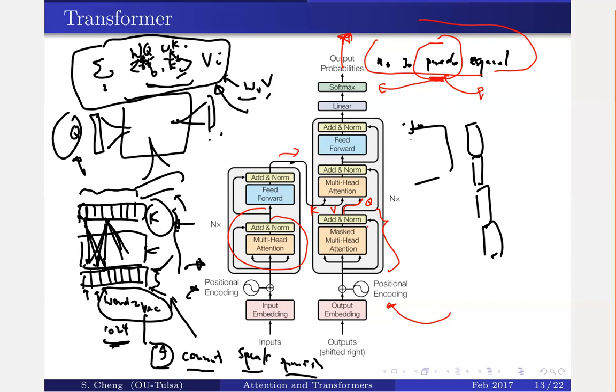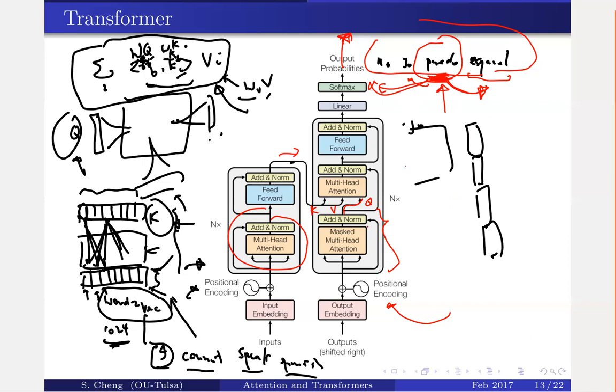So what I mean is I'm at the current word here, but I cannot look ahead to the words in the future. I don't know that the future is Español. So I cannot attend to the words after it. Therefore, I have this masked multi-head attention.